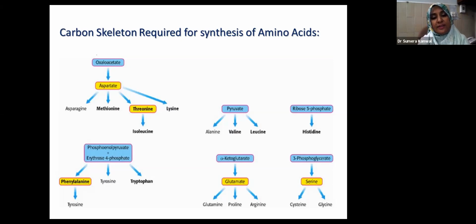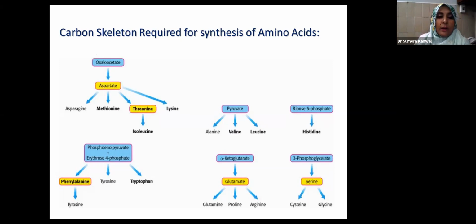If you remember, cysteine, which is a sulfur-containing amino acid, is synthesized from serine and methionine. Serine is the carbon skeleton for cysteine, and methionine is the donor of sulfur in the form of homocysteine.